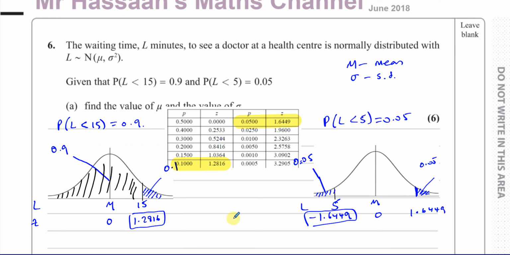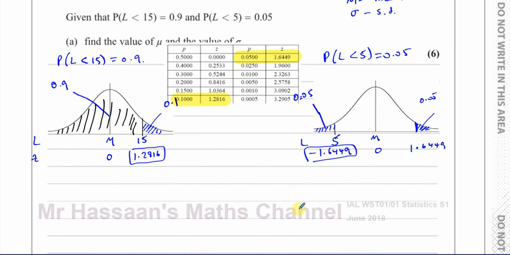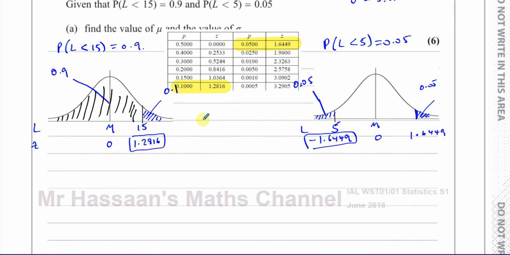And I can use those now to solve the problem, because I know the formula for standardizing any score, such that the standard deviation is 1 and the mean is 0, which is what this Z value represents: the score that you're given to standardize, minus the mean, divided by the standard deviation. In this case, we have the Z value and we have the score. We don't know the mean, we don't know the standard deviation.